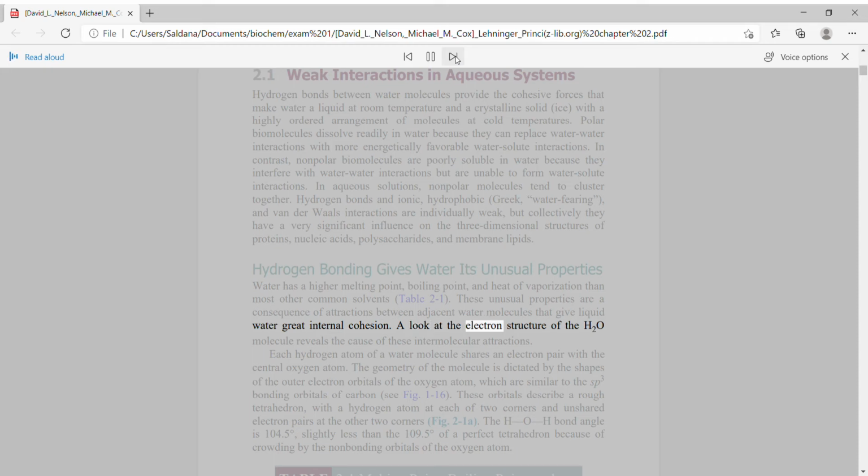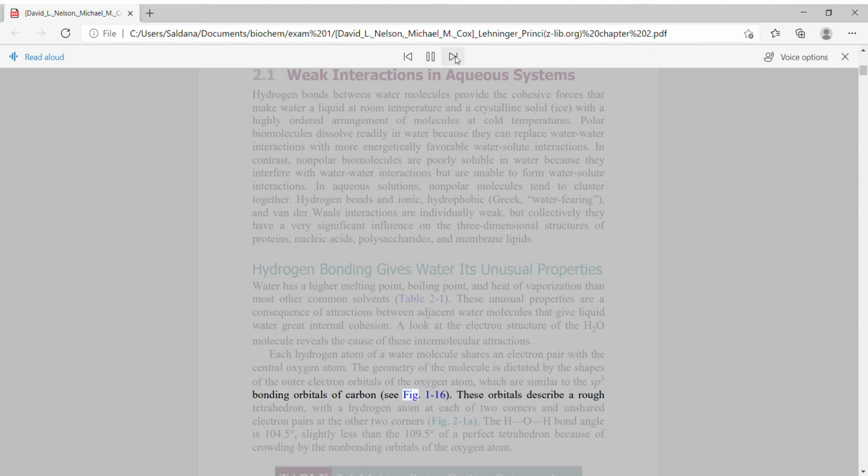A look at the electron structure of the H2O molecule reveals the cause of these intermolecular attractions. Each hydrogen atom of a water molecule shares an electron pair with the central oxygen atom. The geometry of the molecule is dictated by the shapes of the outer electron orbitals of the oxygen atom, which are similar to the sp3 bonding orbitals of carbon.